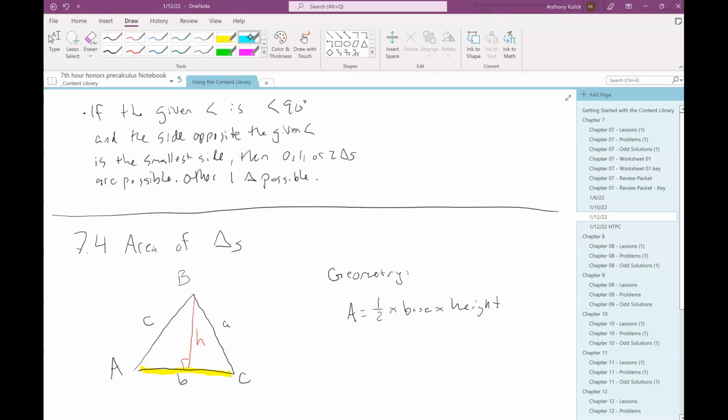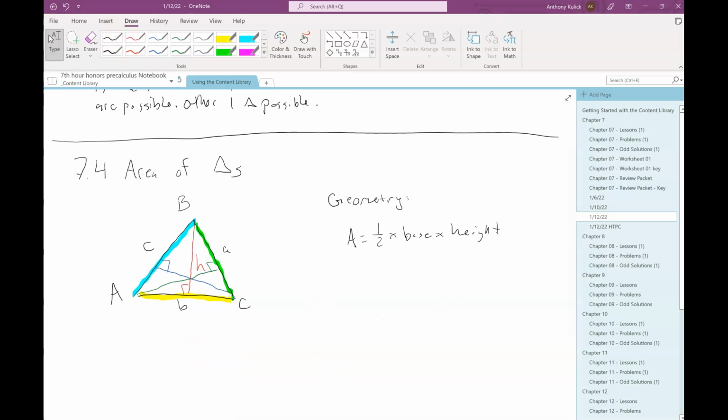Keep in mind from your geometry class that there's nothing special about side b having to be the base. You could have picked side c as the base, in which case that's the height. Or you could have picked side a as the base, in which case that's the height. Everybody cool with that?